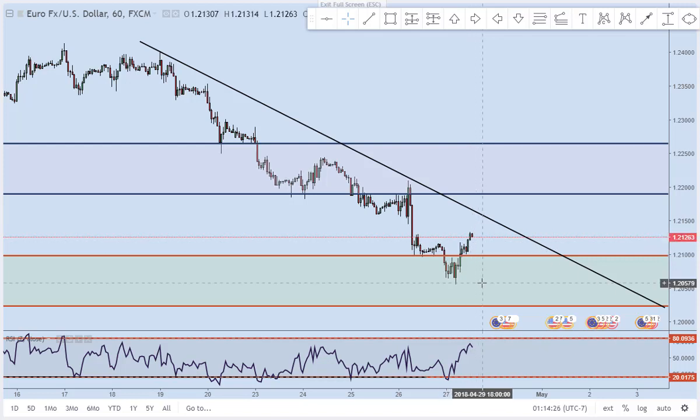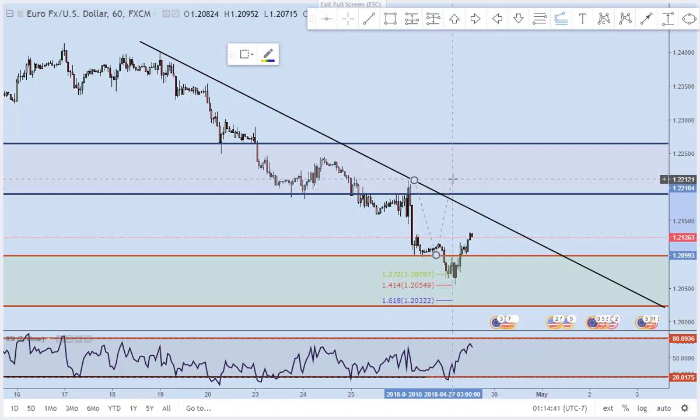Now, how far to the downside? That will be the question. In order for me to see how far I'd wait for price action, I use my extension tool. From this X to A, back to my A, back to my X, I want to see the key turning point, the exhaustion point.